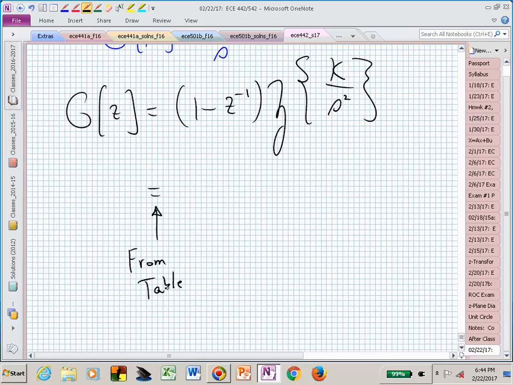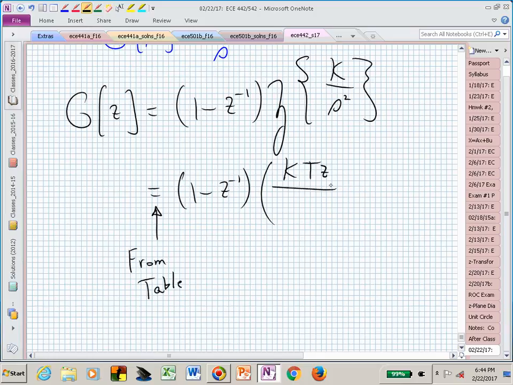We go back to the table, don't we? We just find, do we have a transform associated with k over s squared? We found one for alpha over s cubed, or 1 over s cubed. Now we have 1 minus z to the minus 1. This one will be kTz.